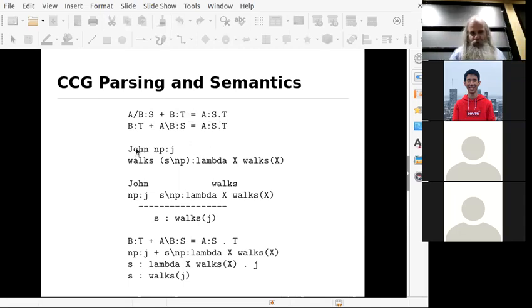So if the NP is J, and the semantics is J, and the semantics of walks is S/NP with lambda X walks X, all we have to do to get John walks is apply lambda X walks X to J and then do the reduction.